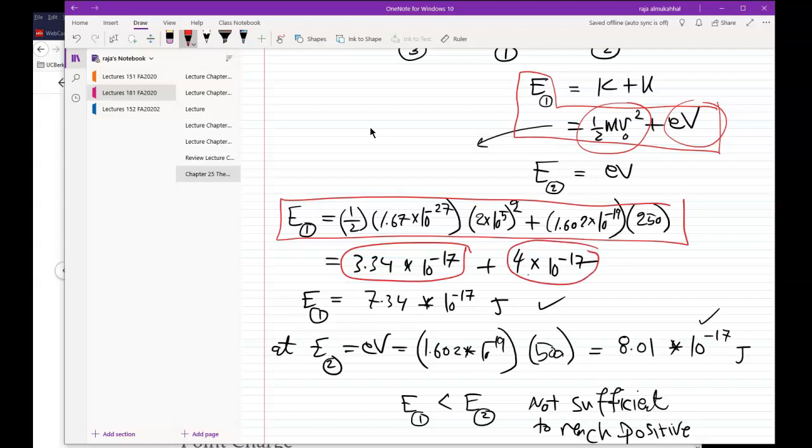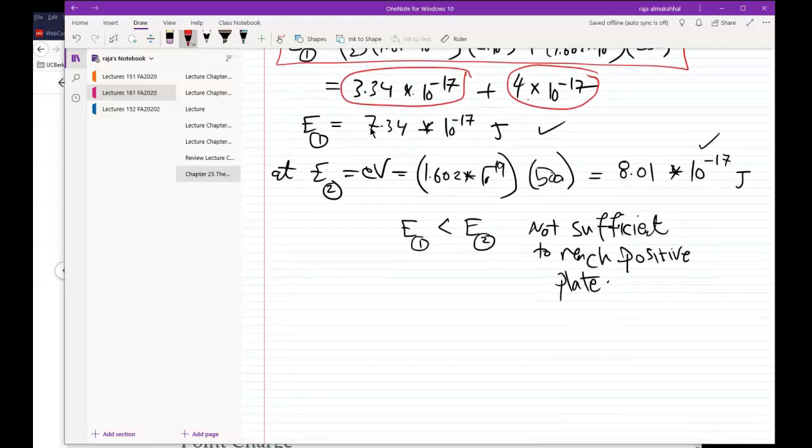Which one is greater? Look at that, kinetic is less than potential here, within it, okay? That's another way of saying that it's not enough. You see what I'm saying? So here we say EV is less than 1/2 mv0 squared to reach the positive plate. Got it? Okay.